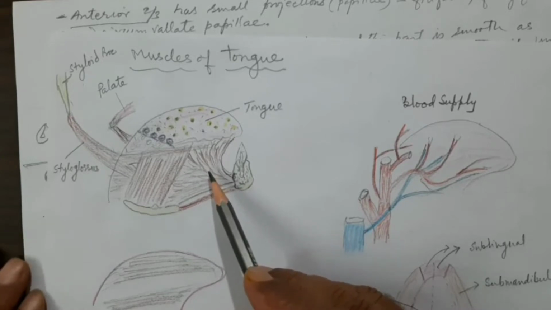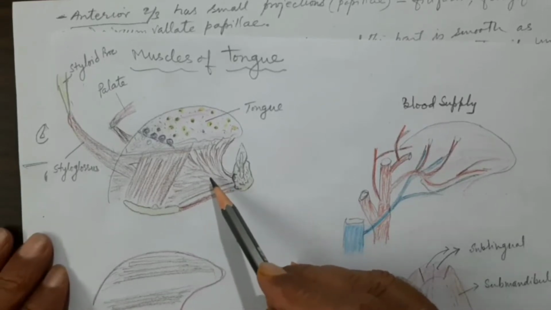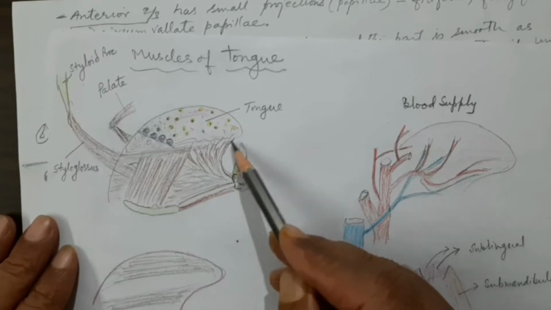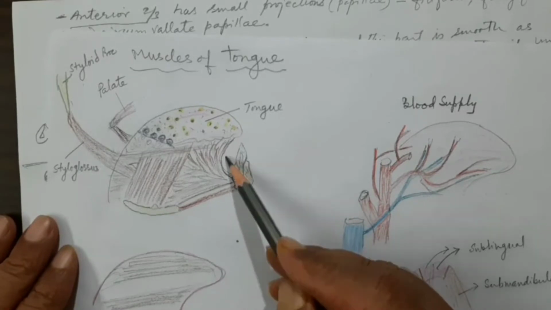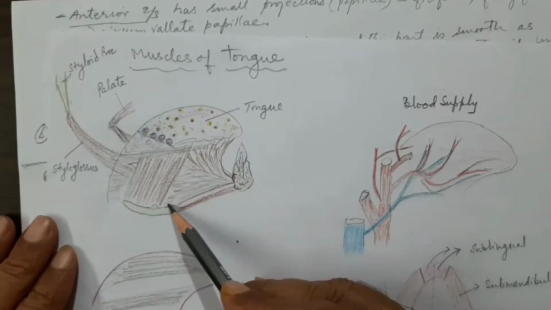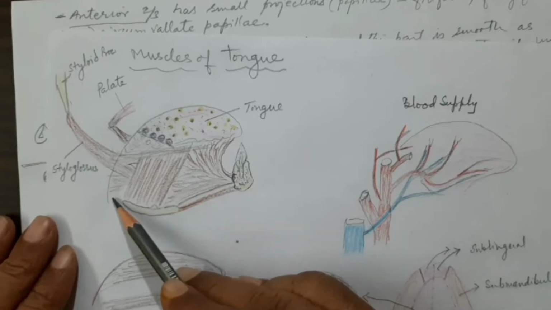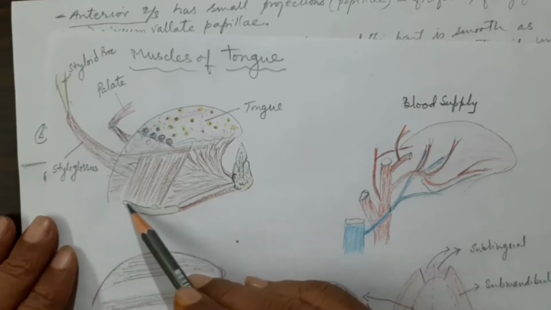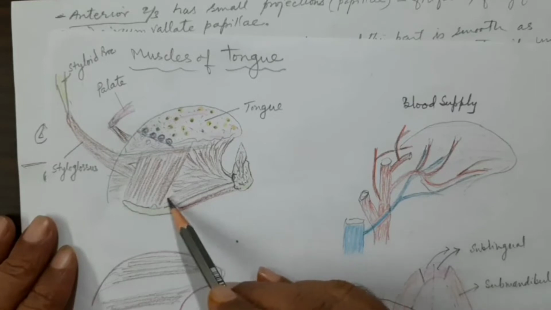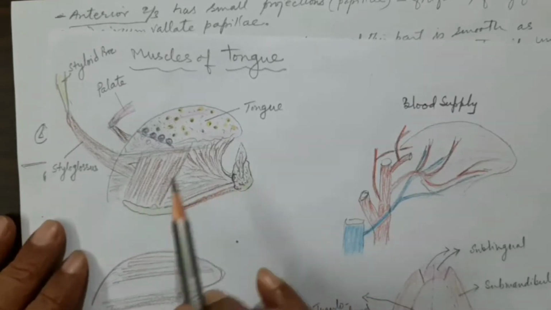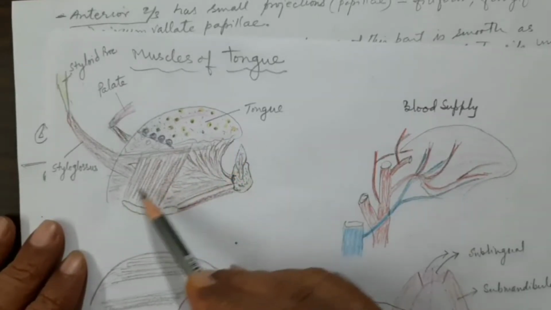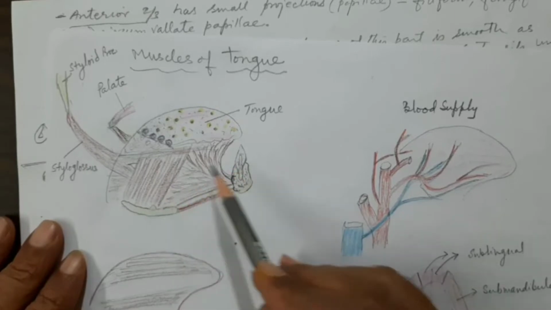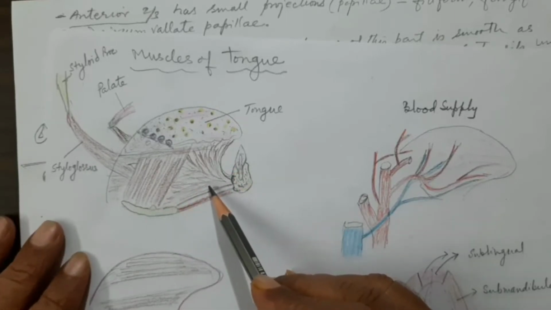As soon as it takes origin, it fans out right from the tip. The muscle fibers go right from the tip to the base, at the level of the greater cornu of the hyoid. So the whole of the base or the root of the tongue is formed by the genioglossus muscle.